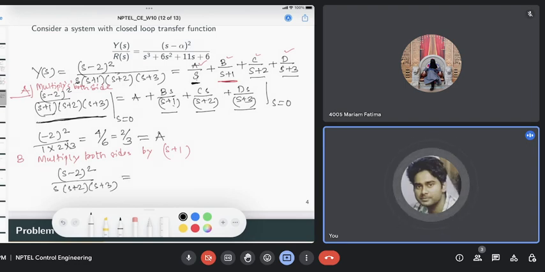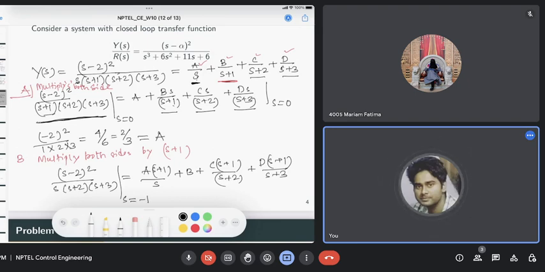In the right hand side we will have a into s plus 1 by s, b, c into s plus 1 by s plus 2 plus d into s plus 1 by s plus 3, right? Again we just make s equal to minus 1, so that all these terms will be 0, right? Only b will be left. So s equal to minus 1.